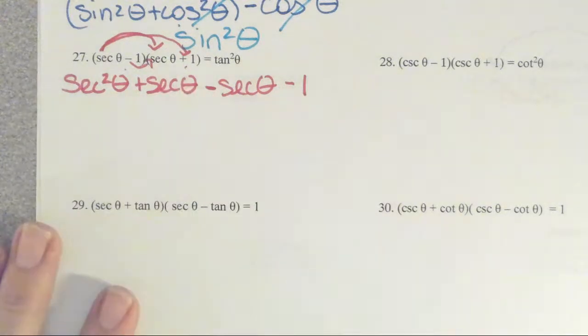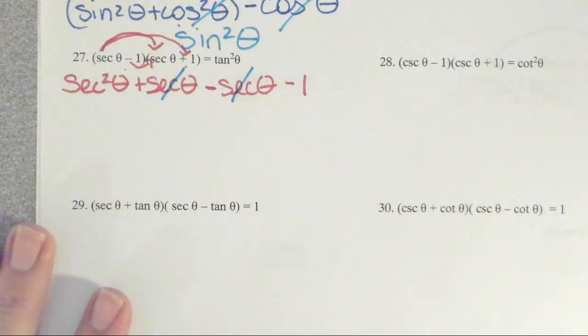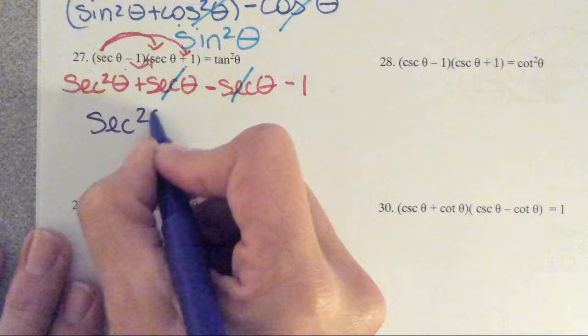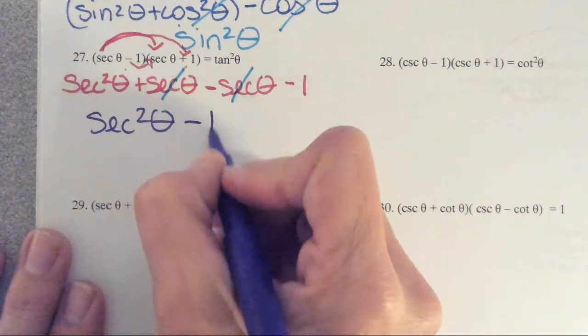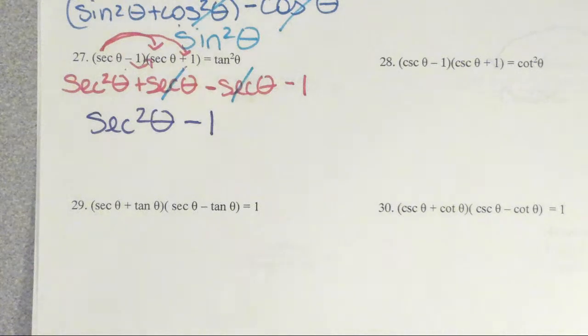Okay. I can see that the secant and the minus secant are going to disappear. So I have secant squared theta minus 1. I see a secant and a 1, and I think "I tan in a second."